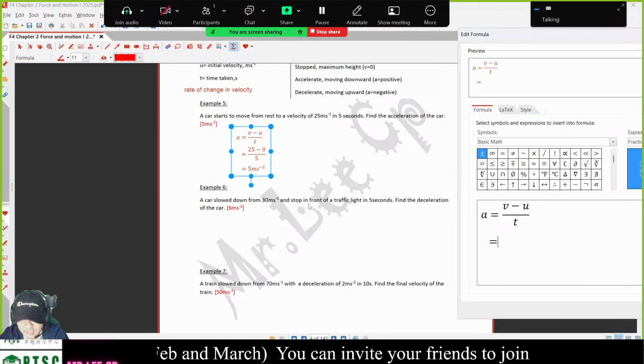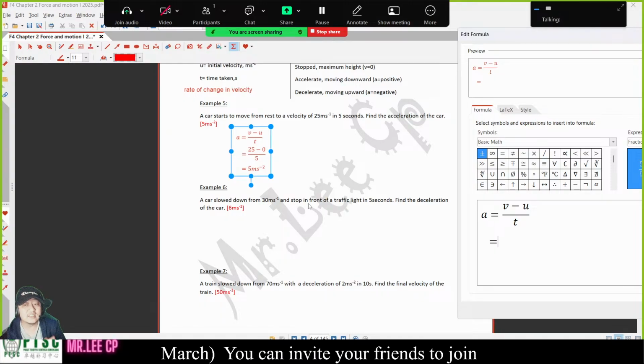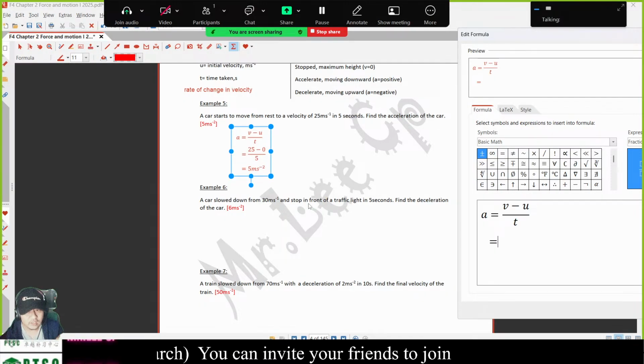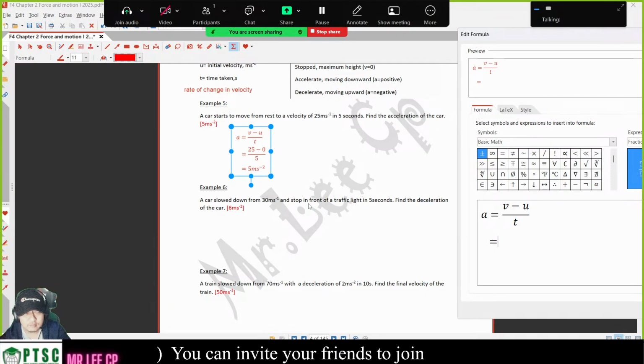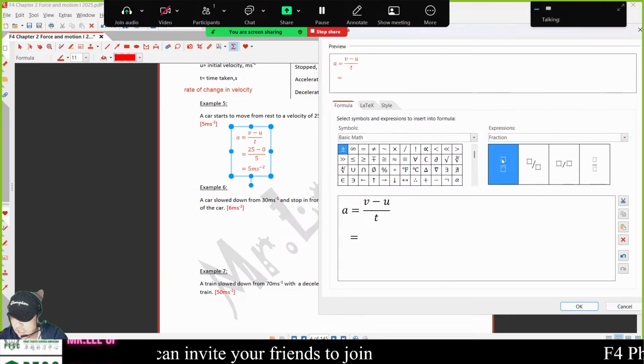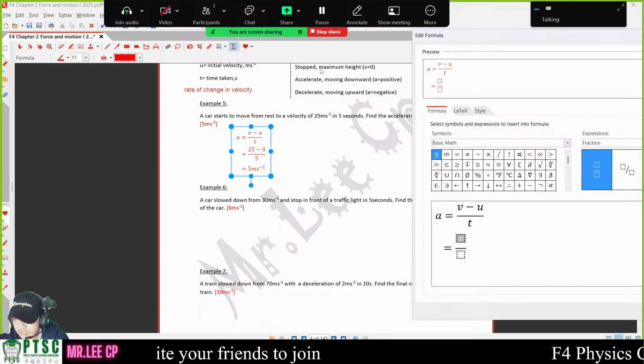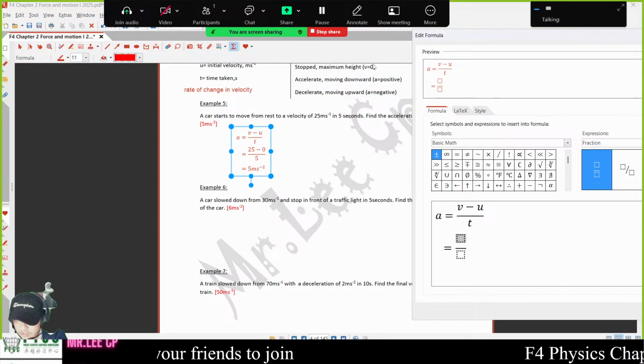And then stop. The car is moving at 30, and then suddenly he pressed the brake and slowed down. Stop. So initial, what is the velocity? Starting it is 30. Final, it is stop. The final velocity is 0.